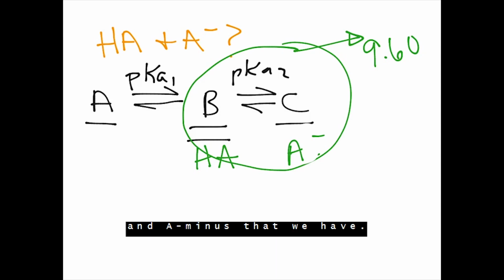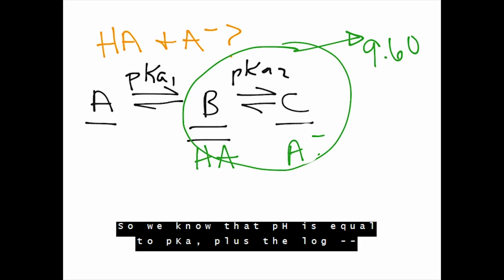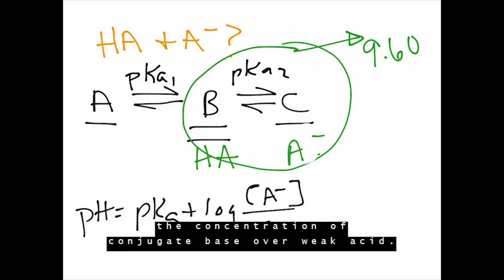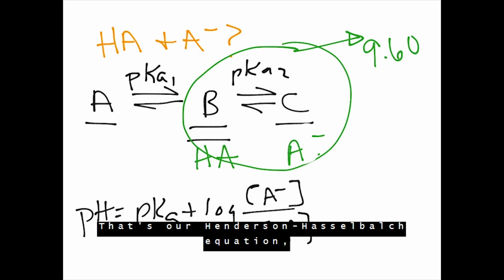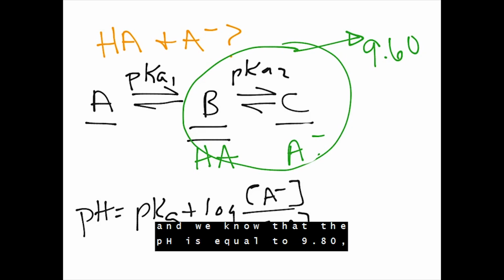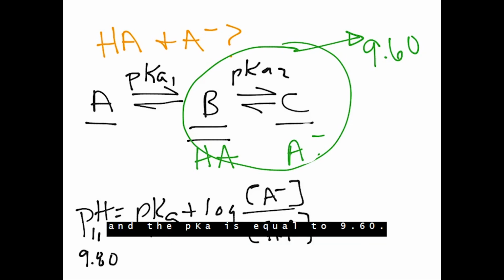So let's figure out then how much of HA and A minus that we have. So we know that pH is equal to pKa plus the log of the concentration of conjugate base over weak acid. That's our Henderson-Hasselbalch equation. And we know that the pH is equal to 9.80 and the pKa is equal to 9.60.